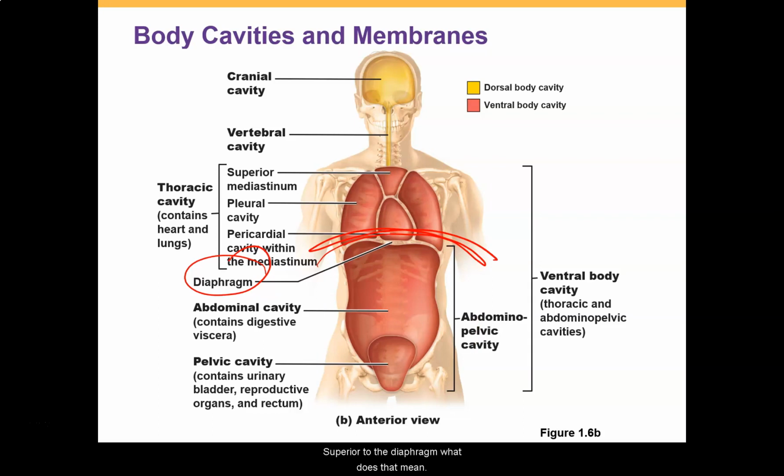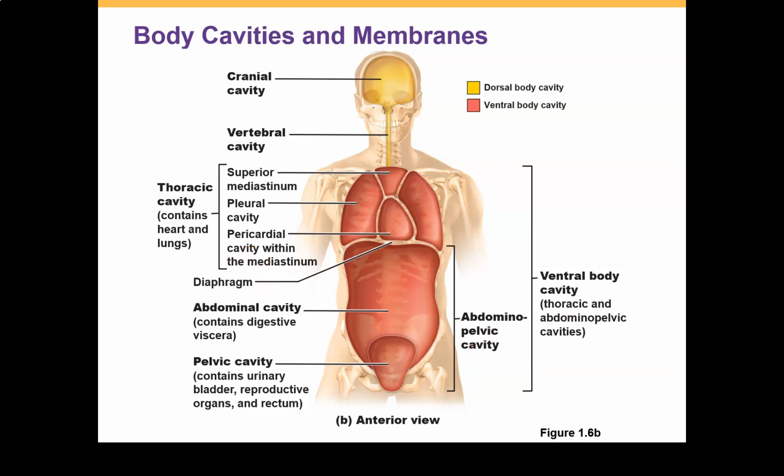Superior to the diaphragm, what does that mean? That's right, above the diaphragm. Above the diaphragm, all of these cavities together, thoracic cavity. Inferior to the diaphragm, meaning below the diaphragm, all of these cavities, collectively known as the abdominal pelvic cavity.